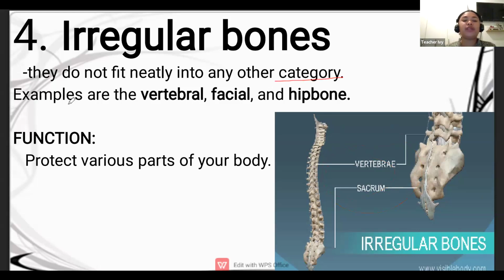Okay, we need to be fast in this because we're going to proceed to the types of joints right after this, for us to know how the bones are joined. If I am not mistaken, I have already discussed the types of joints to you. Do you remember the types of joints?